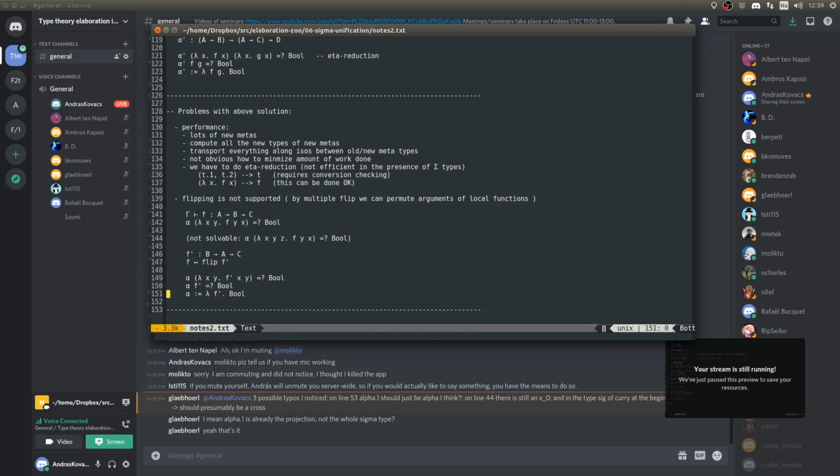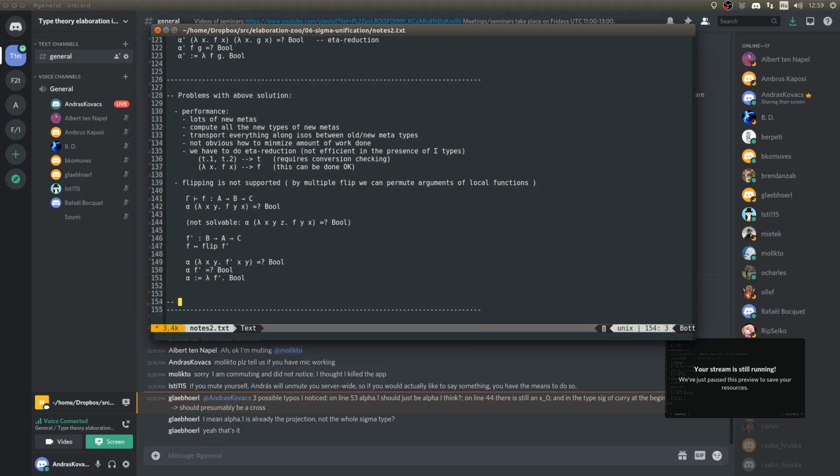Okay, so now let's solve all of these problems. Preliminarily, I have something which solves all of this. So I have a solution for all of the above issues, but I have not yet implemented it.